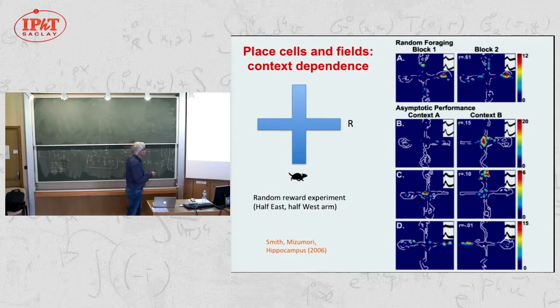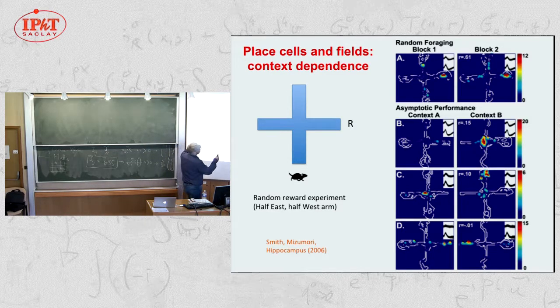Now, if you do the experiment without any reward, so it's just an empty space, the rat will move. And if you record in the hippocampus, you will see place cells. The rat moves 20 times: it moves, stops somewhere, and you put it back at one of the extremities and run that 20 times. So exactly the same as the full experiment, but without any reward. What you see is that cells have place fields.